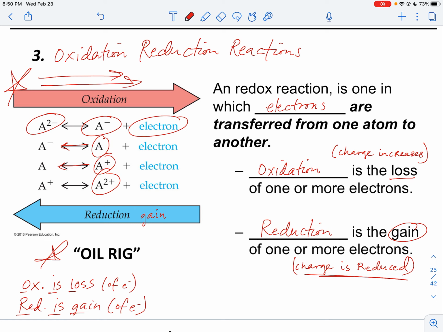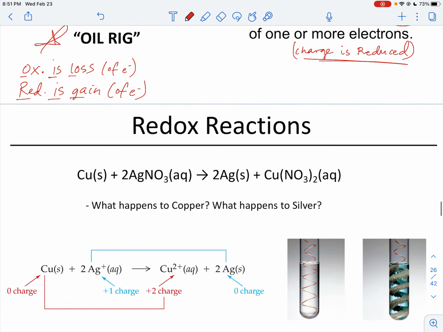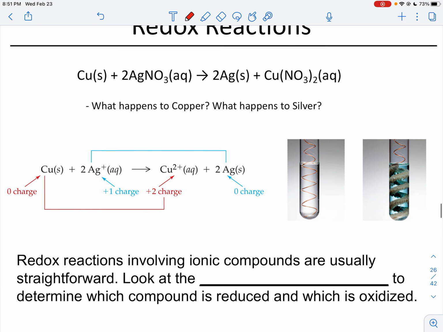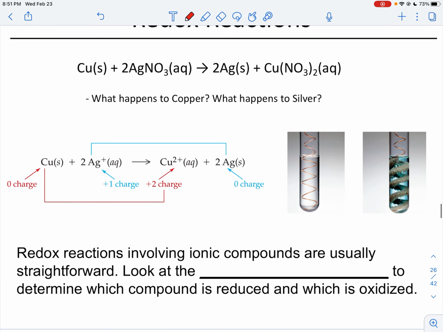So this might not be a very comfortable thing for you. I would maybe pause this or rewatch it and walk through this first slide again, because understanding these steps is going to really make oxidation reduction a lot easier for you to get. But we're going to look at two practical examples, two real reactions, and put oxidation reduction into play and see how it works out in a reaction.